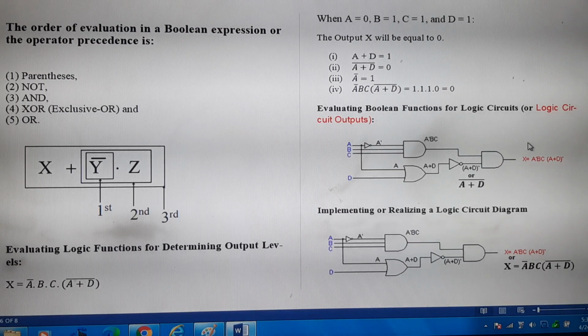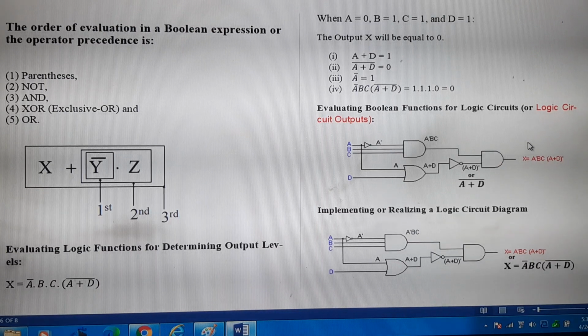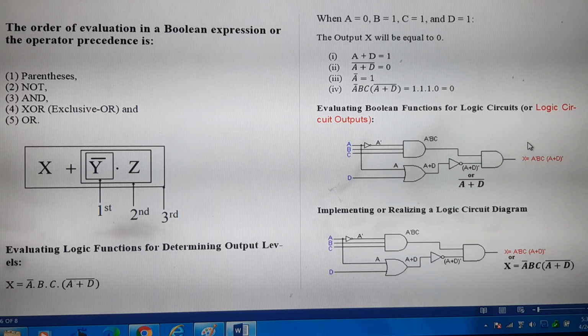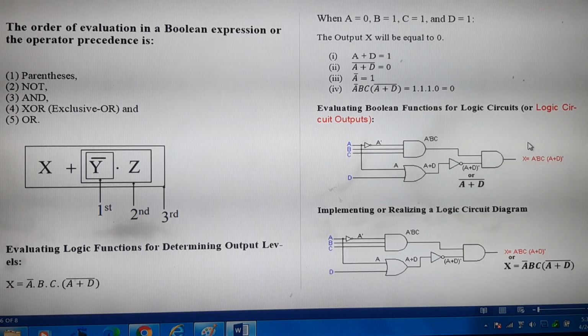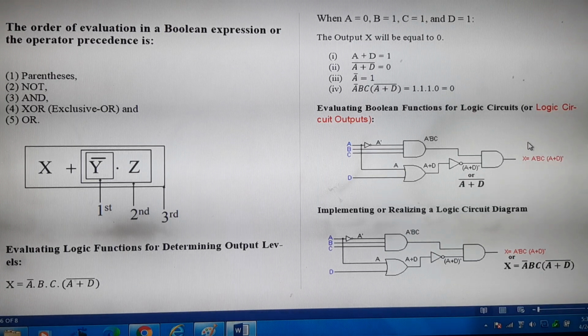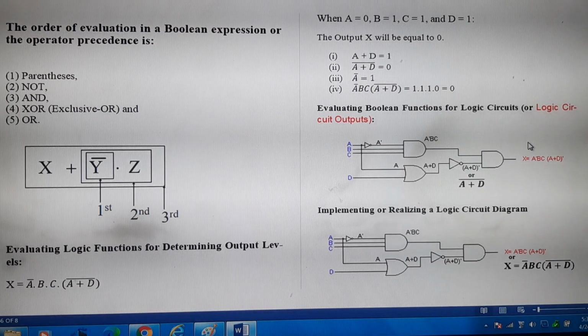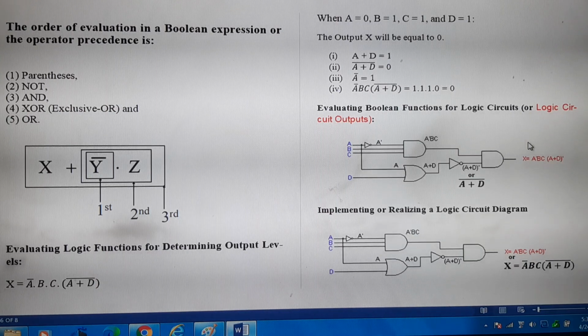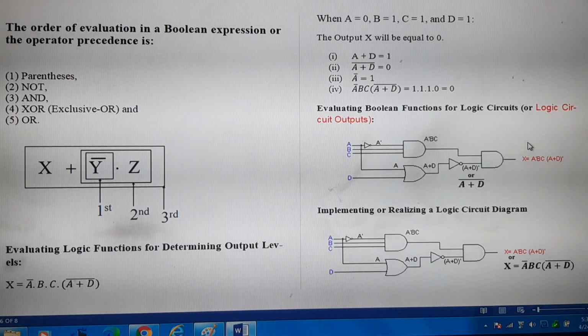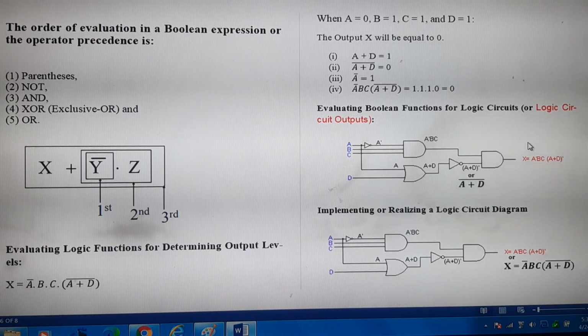First, we perform the OR operation within parentheses. As the term a plus d within parentheses has a bar over it, we perform the operation of the OR term first and then invert the result. So first a plus d: a is 0, d is 1, so 0 plus 1 is 1. Then its complement, a plus d bar, will be the complement of 1, which is 0. Then we take the complement of a. We perform inversion of variable a.